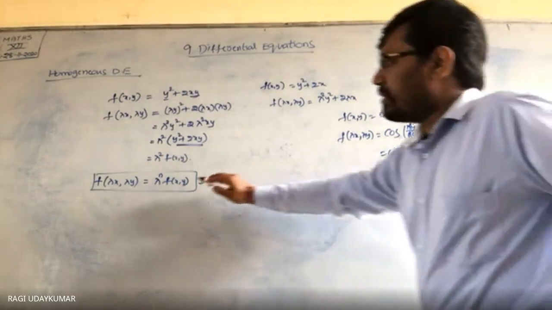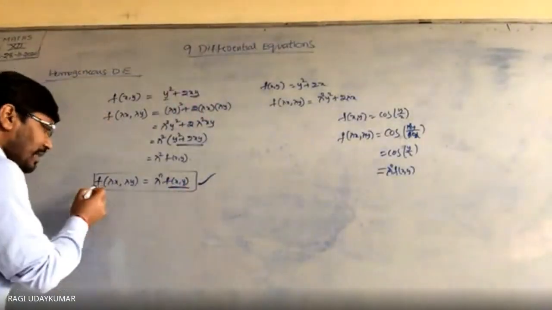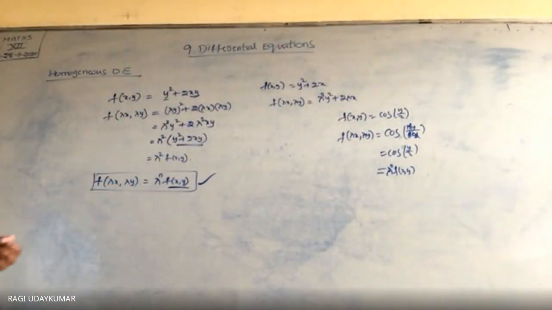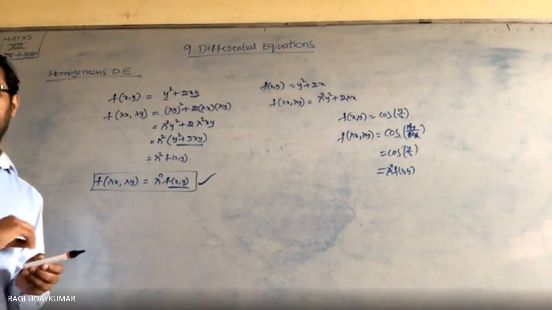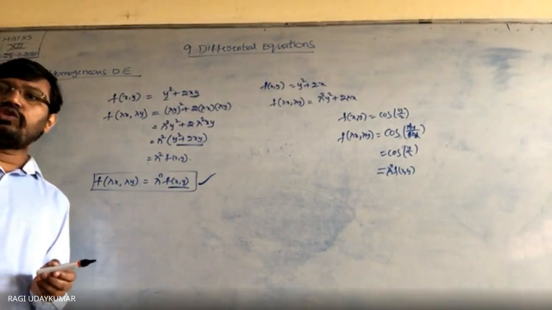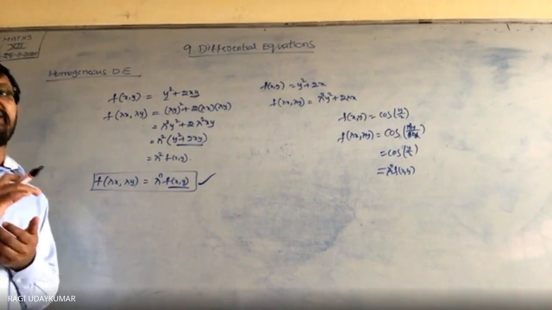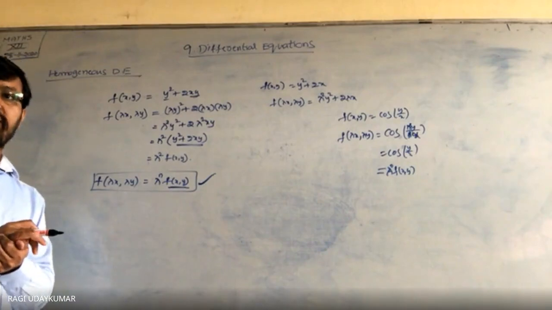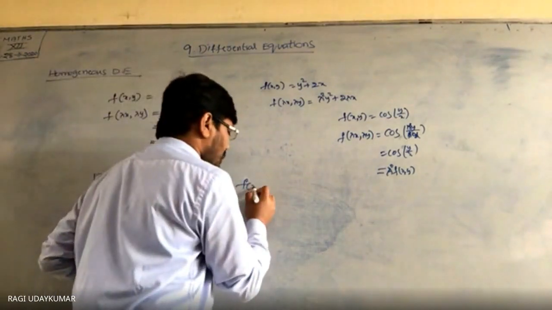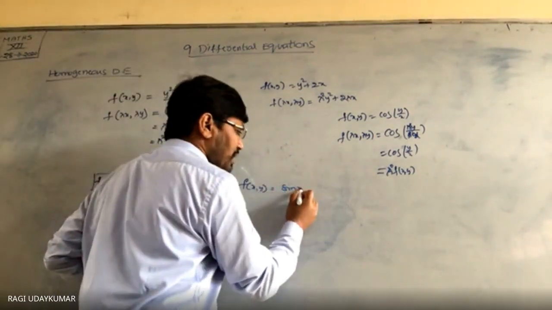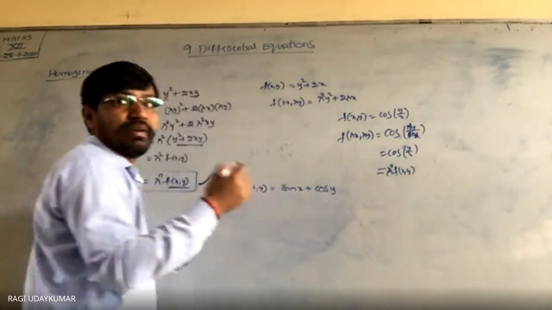And if you express any function f of x comma y in this way, then that function f of x comma y is said to be a homogeneous function of degree n, an nth degree homogeneous function. This lambda should be a non-zero constant. As an example, take the function sin x plus cos y.